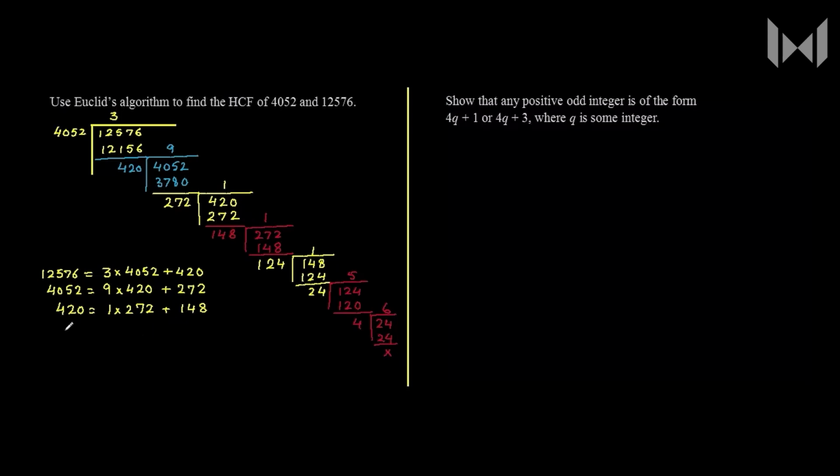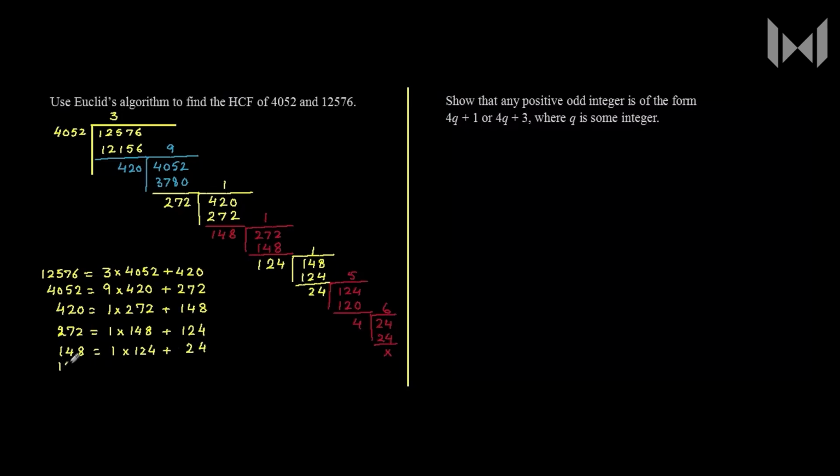Once again the previous divisor 272 is divided by 148 and it goes only one time, so 1 into 148 plus 124. Now once again 148 being divided by 124, so it goes only once, so 1 into 124 plus 24.